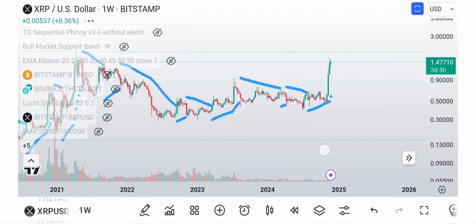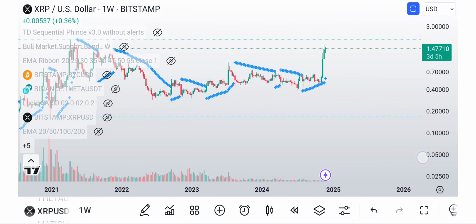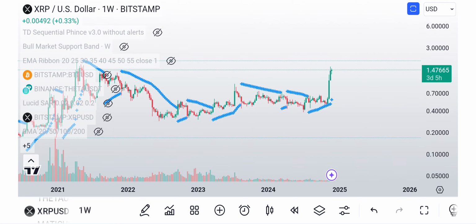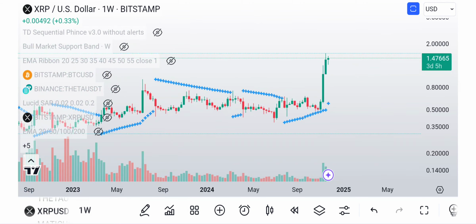I remember watching a video on volume one time, and he was explaining in an educated way that there's a lot of deception in volume. I don't really know much about it. I mean, I know volume usually signals the end of a move.